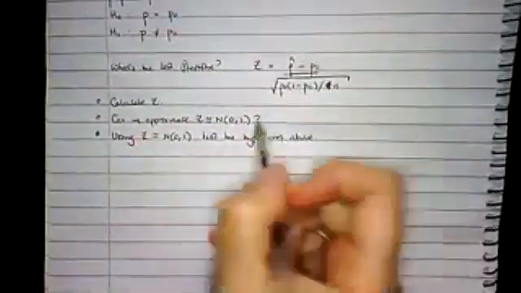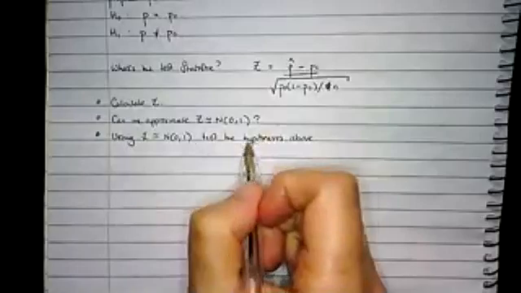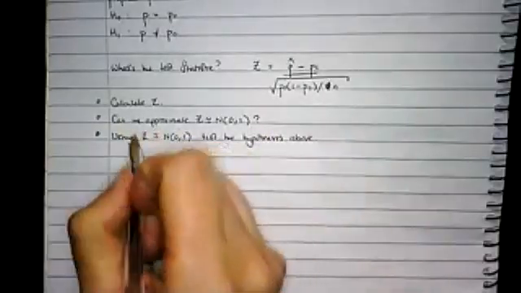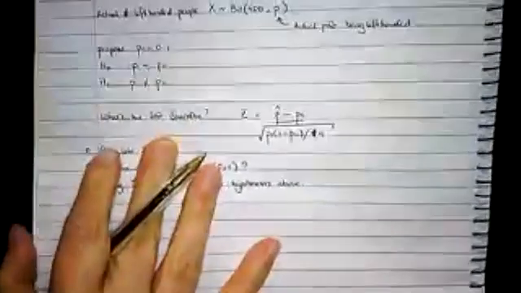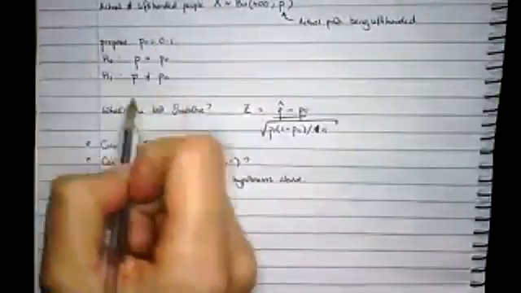The second one is optional if you can remember how to do that. If not, just jump onto the final one and just assume that you can definitely approximate Z with normal 0, 1 and test the hypotheses we've been given here. I'm going to give you a solid 5 minutes or so to give those 3 things a go, and then we'll come back, we'll run through it, and I'll give you a little bit of a hint as to what you can do for the final part of question 7.